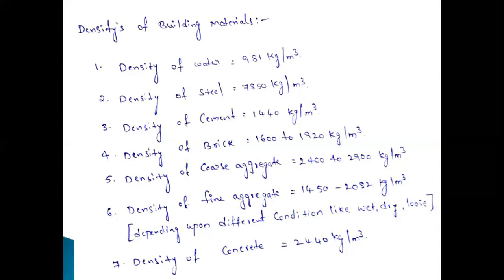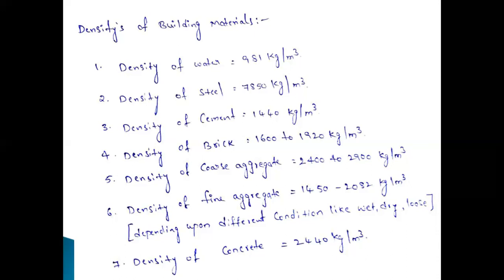Here the density of brick varies across first class, second class, and third class bricks, so the unit weight of brick is 1600 to 1920.